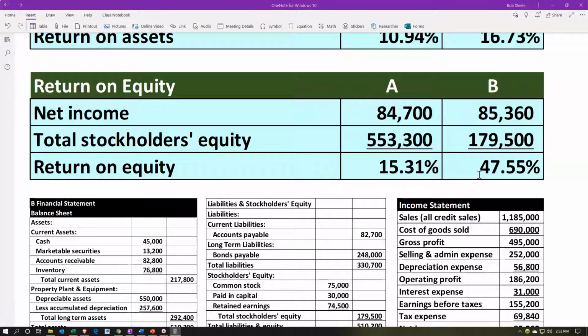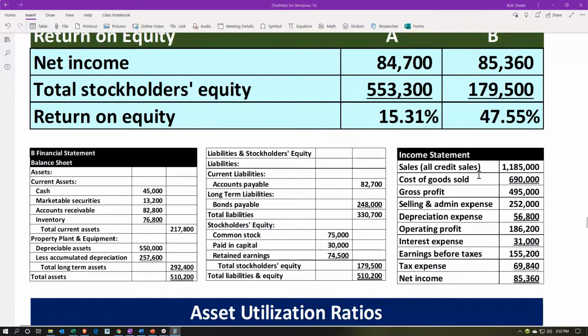Now you have to be a little careful with equity, however, or this calculation when you're comparing different companies, because the amount of leverage in the company can distort this as well. So you look at this, you're going, wow, B's doing a lot better with regards to the return on equity, the amount or the book value of the company. But you also want to consider when you do this calculation, notice that, when you think about the equity number, are they doing the same amount with less stuff, or are they more leveraged?